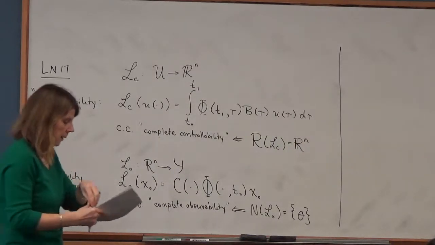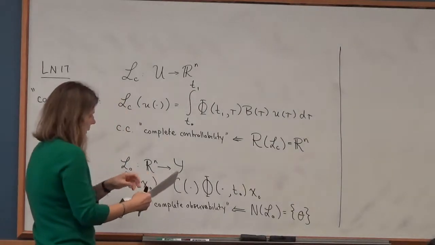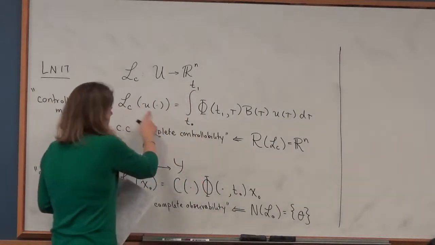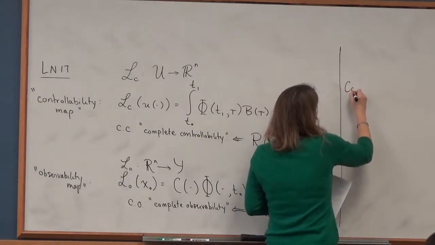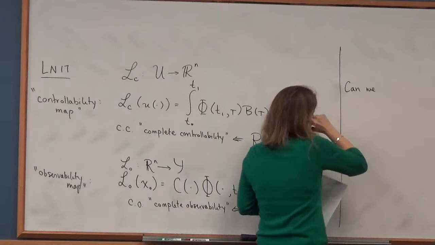And we can do that by recalling the definition of an adjoint. So in one of the exercises last day, we computed the adjoint of the controllability map.